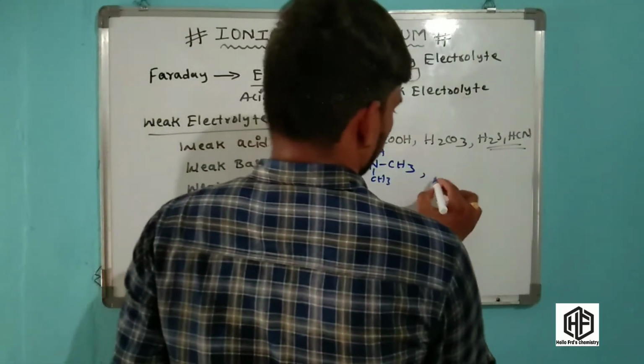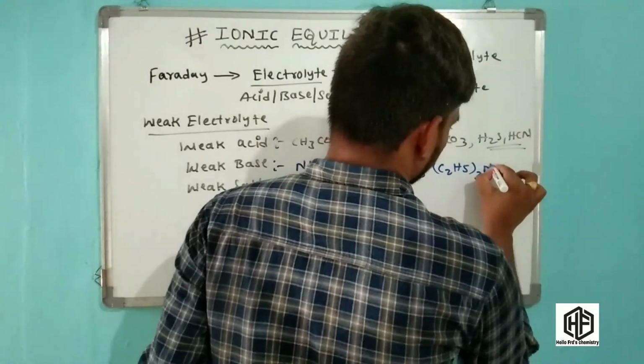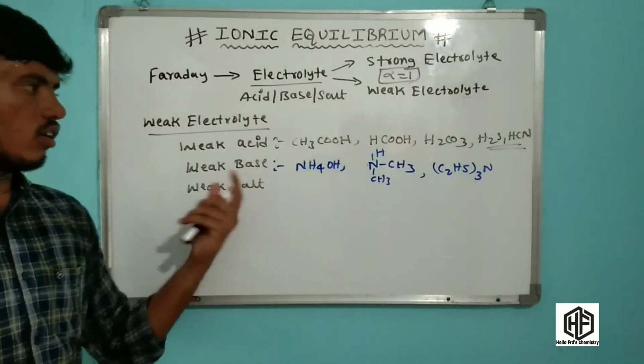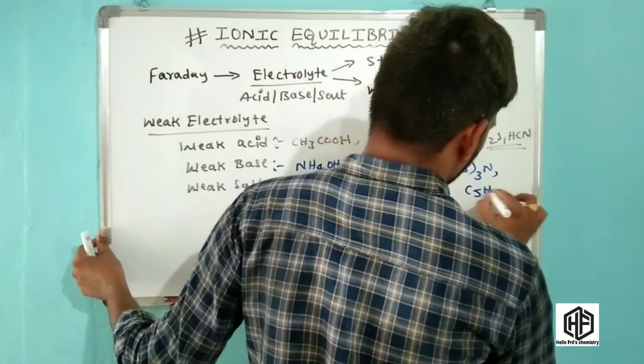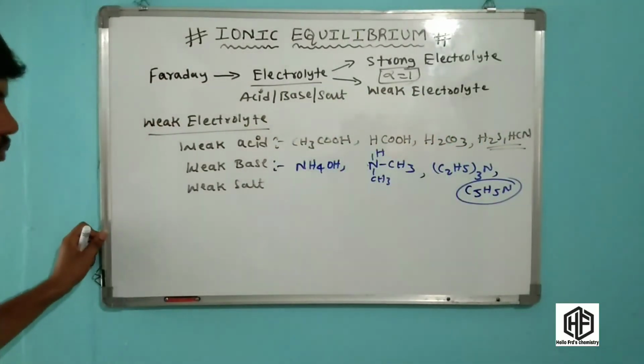And the next is N(C2H5)3, a tertiary amine. A tertiary amine is also a weak base. And pyridine, C5H5N, is also a weak base. These are the examples of weak bases.